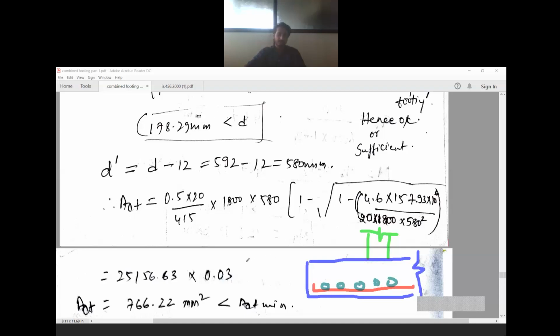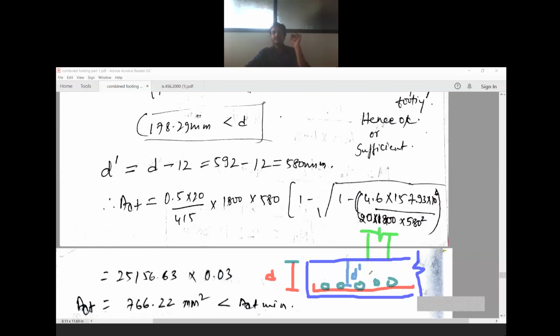So to do that, what will happen is from here to here, the effective depth is D. But for transverse reinforcement, to the center of this, to the top of the foundation, is what we call D dash. So for transverse reinforcement, D dash is the effective depth, not D. D is the effective depth for main reinforcement, that is the longitudinal reinforcement.